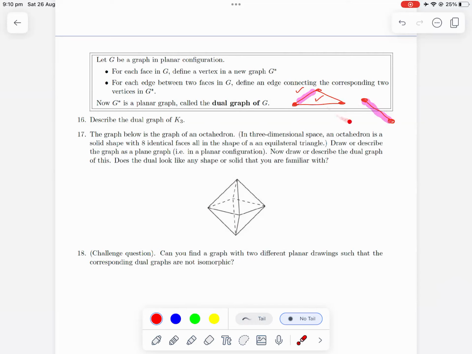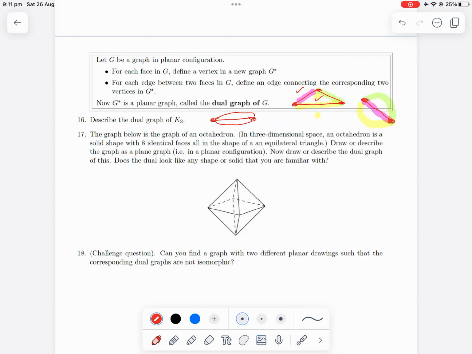This face means this vertex, this face means this vertex. Now, because of this one, we will have another one. And because of this edge between those two faces, I mean here and here, I will have this one. So the answer of this one will be this one and this one.